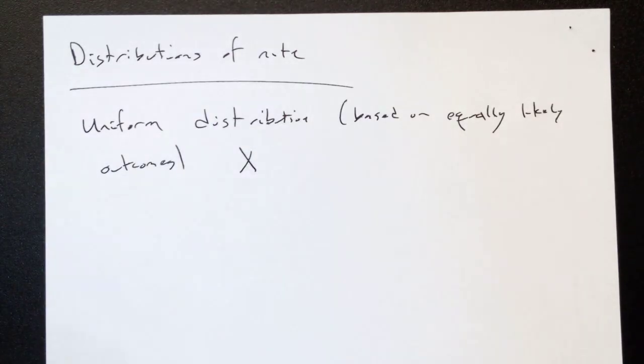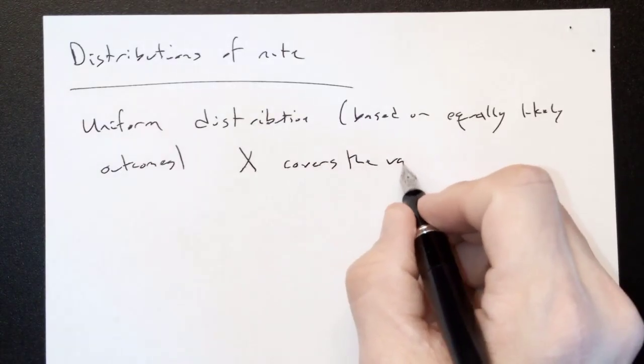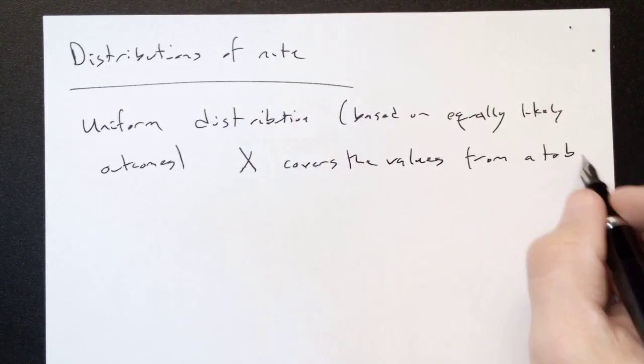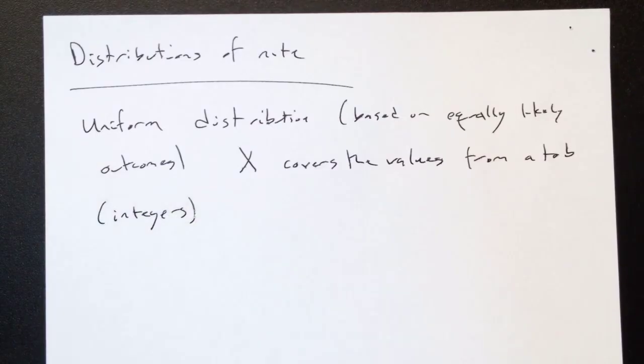Our variable, x, covers the values from A to B.